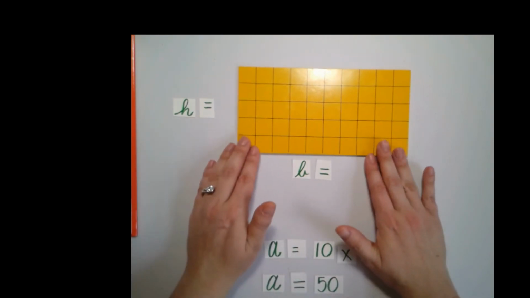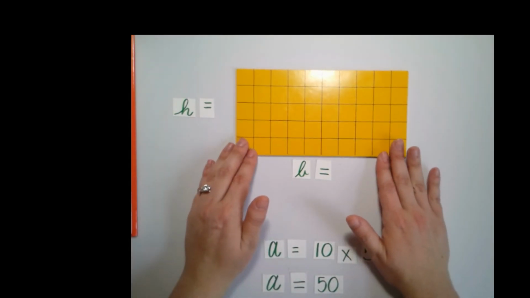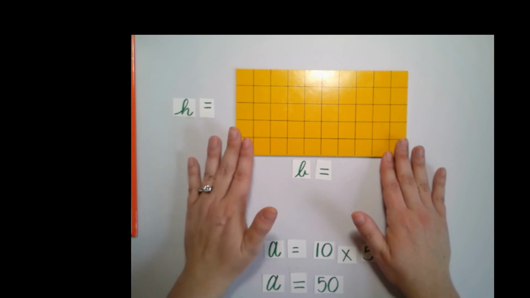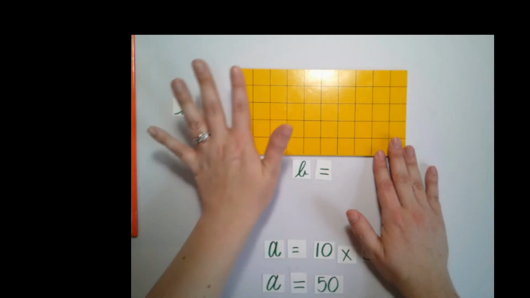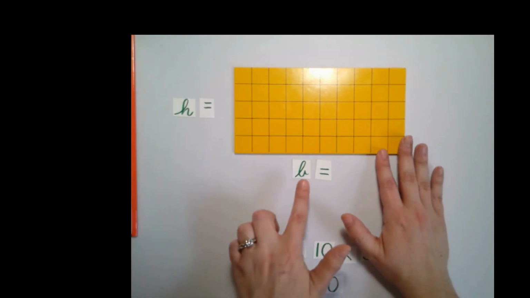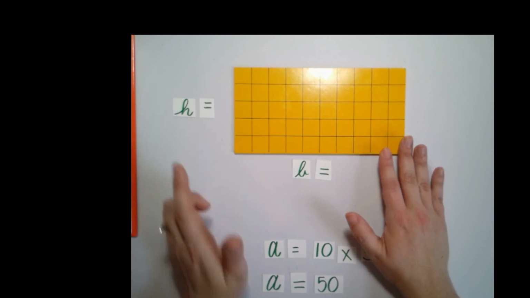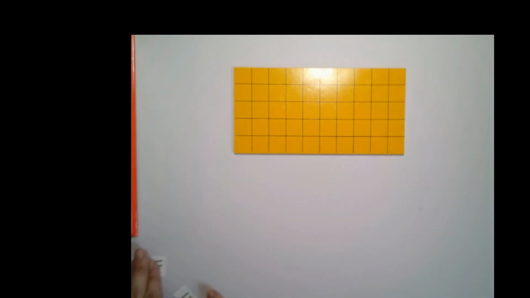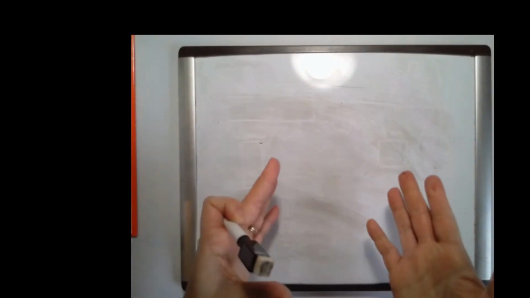But let's look at how we would solve a problem like one that's in your follow-up work, where we don't have squares that we could count, where they're just going to give us the base and the height. I'm going to get my whiteboard. Okay, so here I have my slightly messy whiteboard, and I'm going to draw a rectangle.